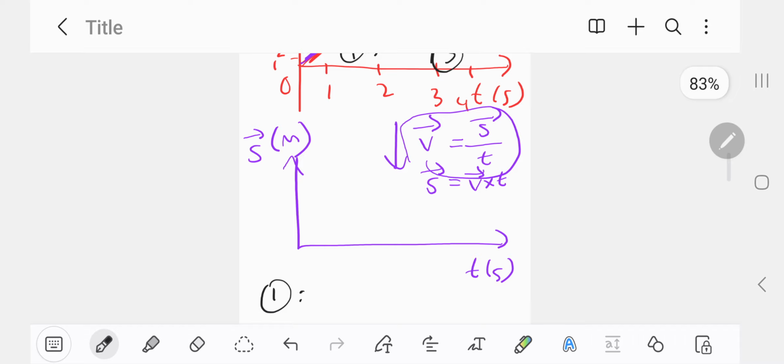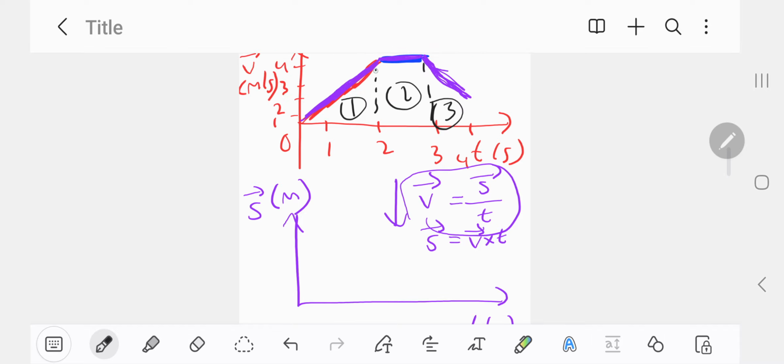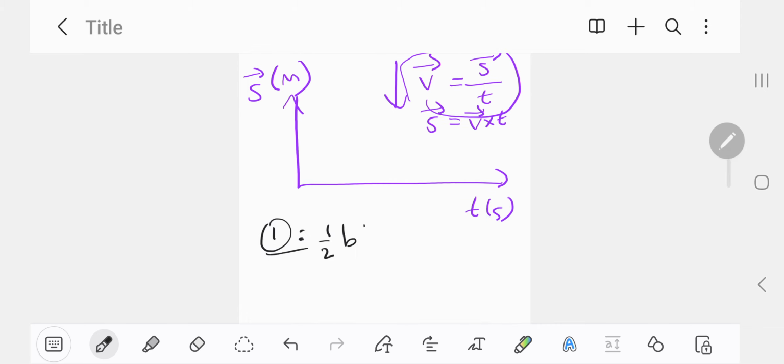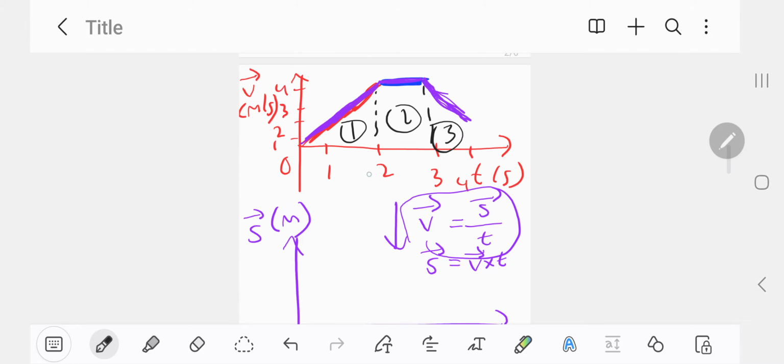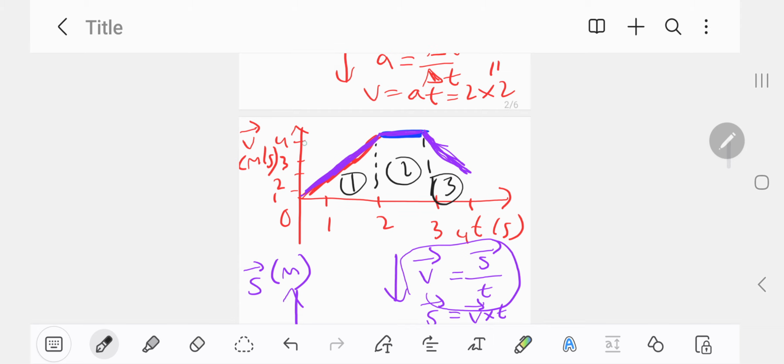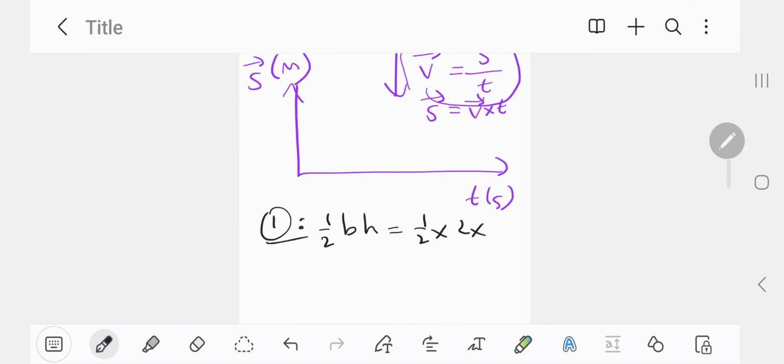The area for region 1: we need to work out the area because displacement is velocity times time. The area of a triangle is a half base times height. Base is 2, and the height is 4. So 4 times 2 is 8, half of 8 is 4. 4 meters is your displacement.